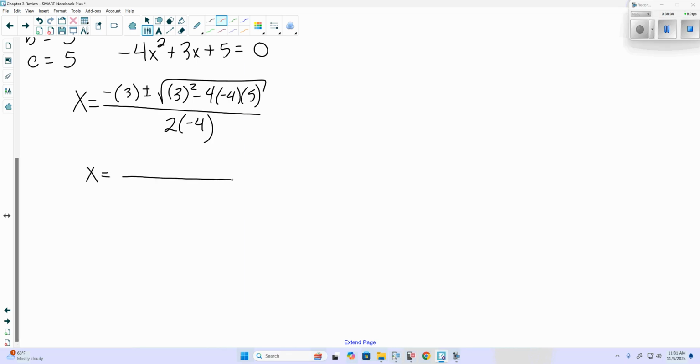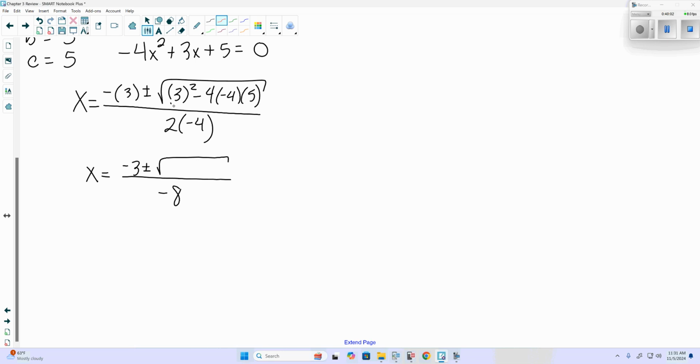And again, with the quadratic formula, I would like to see at least this, because there are points for making sure you set this up correctly and plugged in the correct values for A, B, and C. At this point, our negative 3 is going to stay negative 3. The denominator, 2 times negative 4 is negative 8.